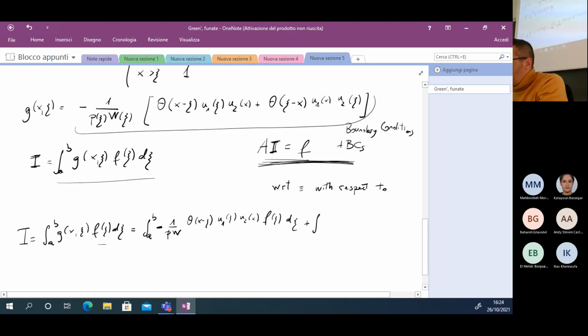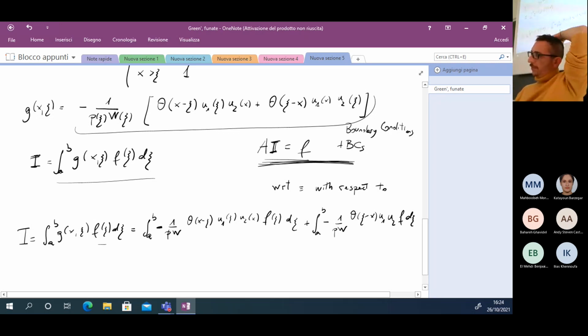And then I have the second part, which is the integral between a and b of minus 1 over pW, theta of c minus x, u1(x) u2(c) f(c) dc.